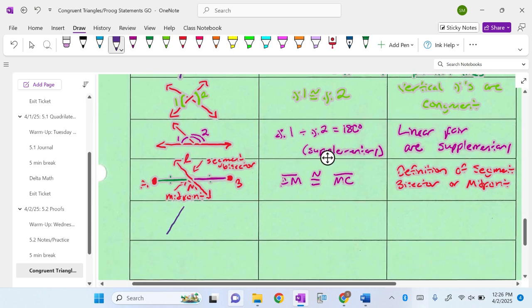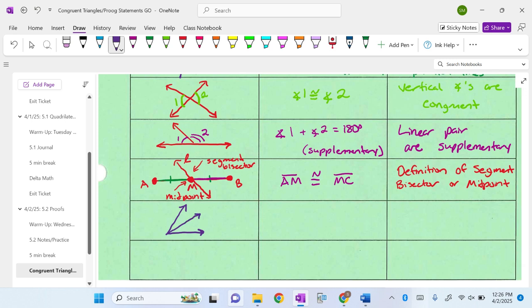Now, let's say we had an angle, and it's cut with another line. All right. So let's call this angle 1 and angle 2. And this line just so happens to be an angle bisector.